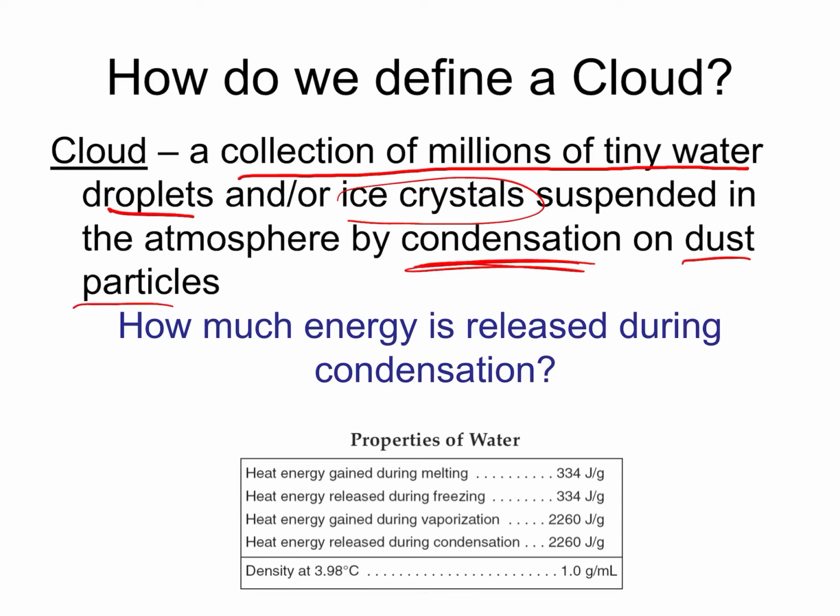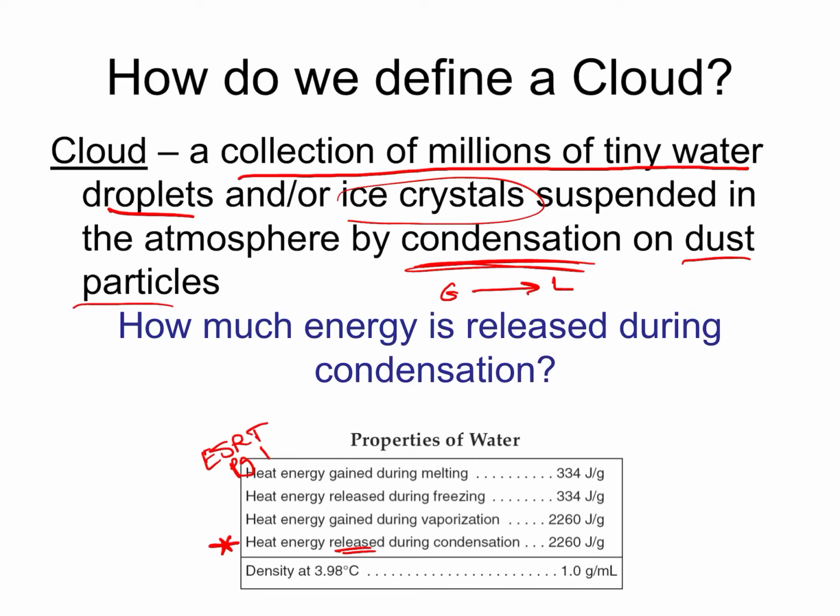You should remember that condensation is when you have gas turning to liquid. I just wanted to bring this to your attention again. This is your Earth Science Reference Tables, page 1, and right now we are talking about this: heat energy released, because it's a cooling process during condensation.